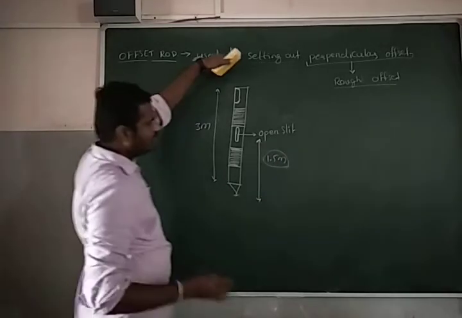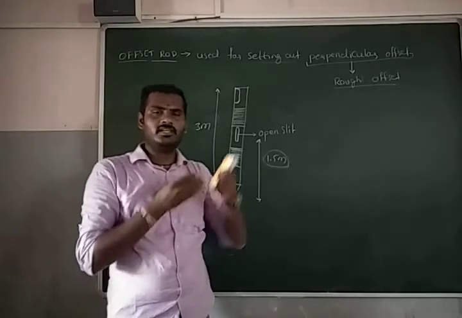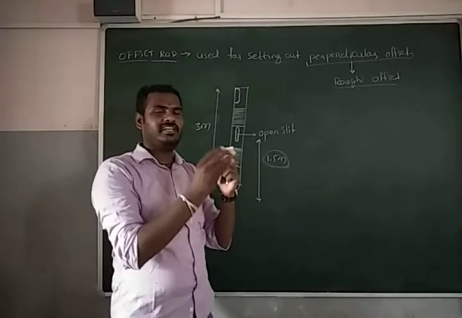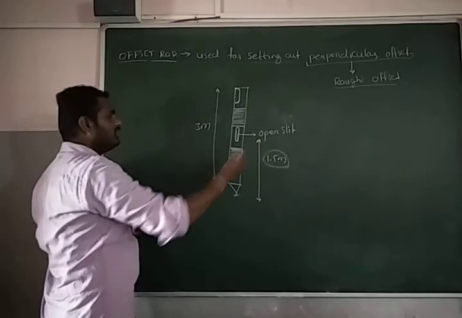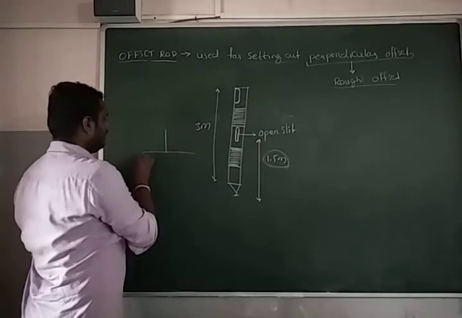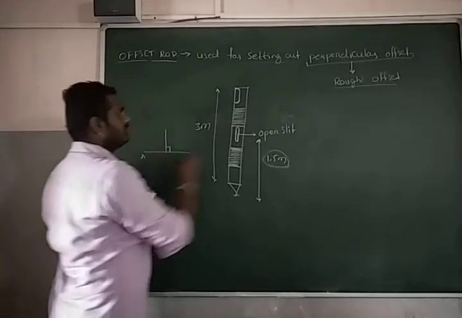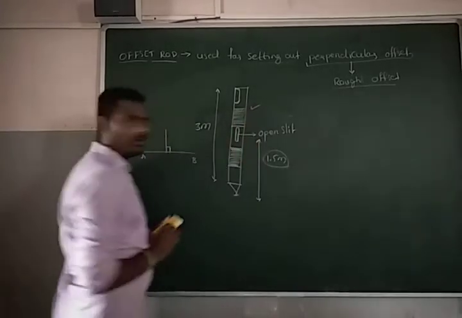Therefore, you can set out a rough perpendicular, not an exact perpendicular. Roughly, you can project an offset to an already existing line. Let us say this is the already existing line, so this offset can be done by using this offset rod.